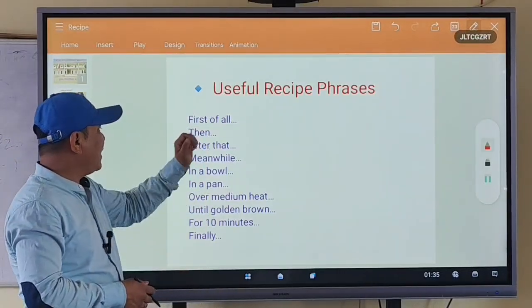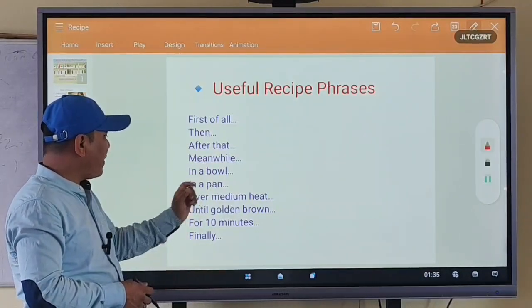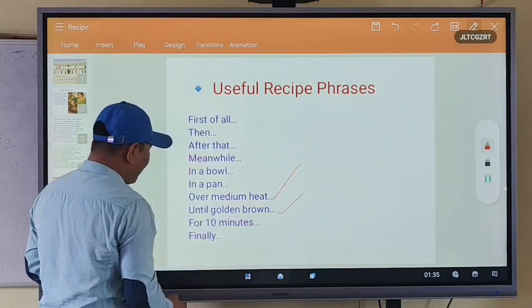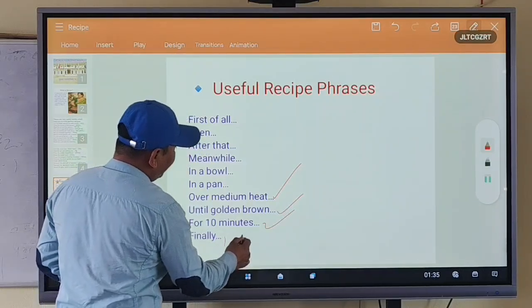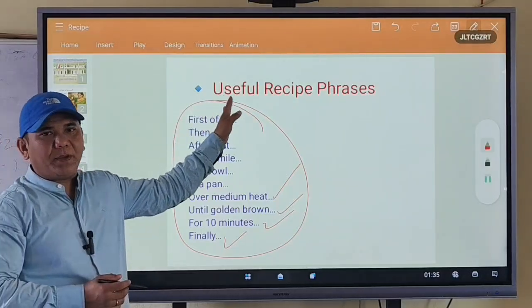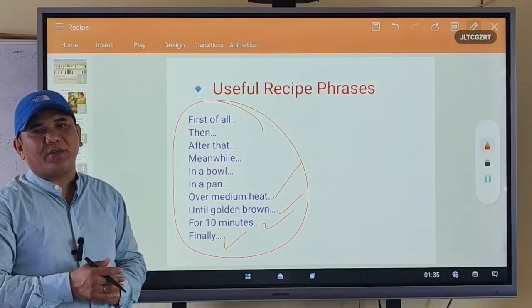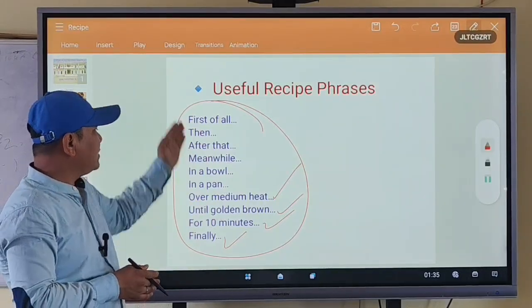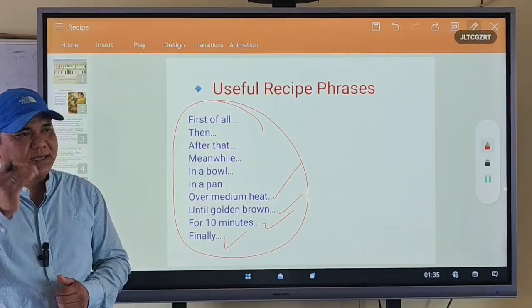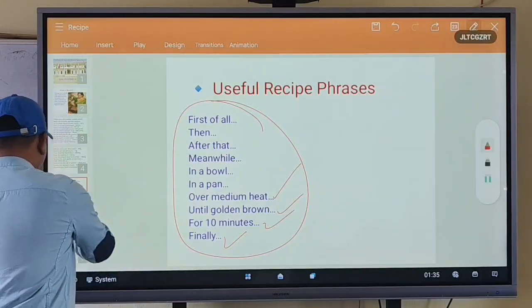First of all, then after that, meanwhile, in a bowl, in a pan, over medium heat, until golden brown, 14 minutes, finally. These are very useful phrases related to the recipe. You must keep all these phrases in your mind. It means you must memorize all these phrases, as I have applied here.